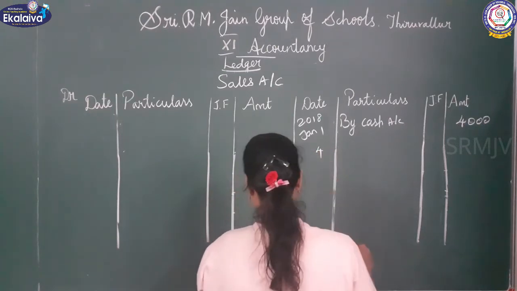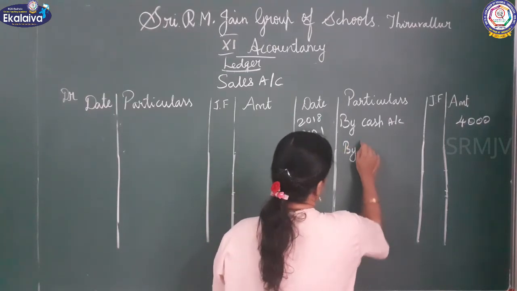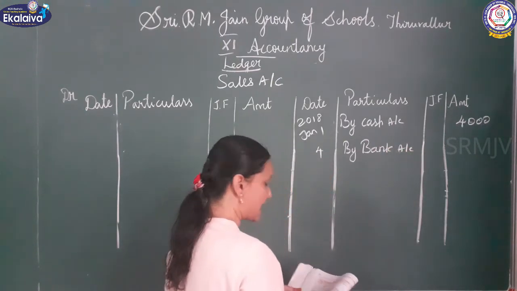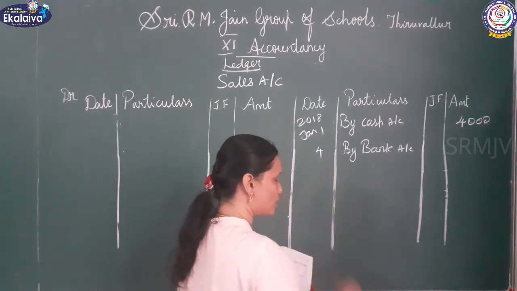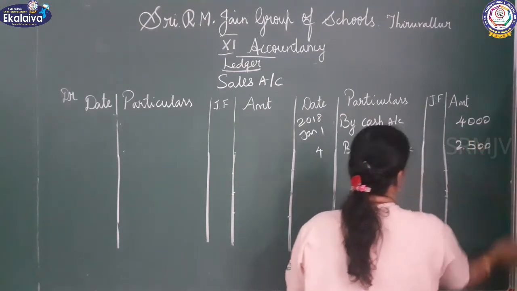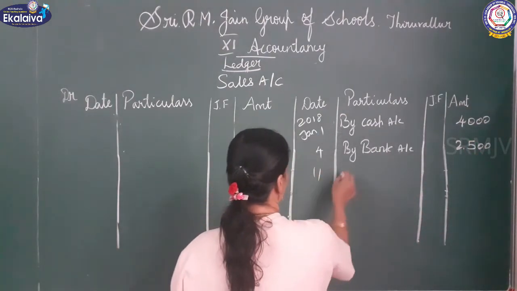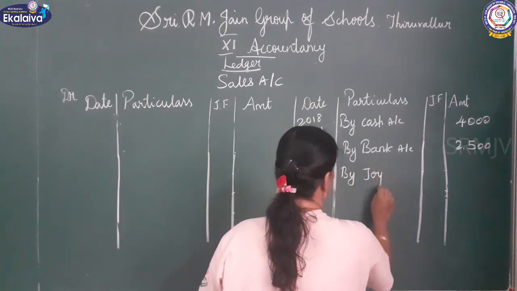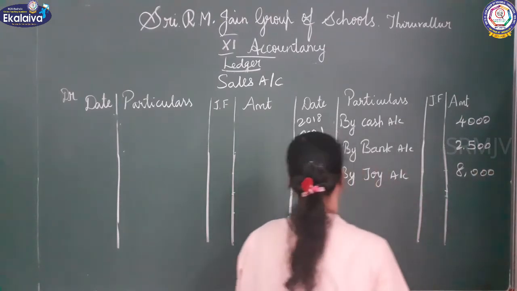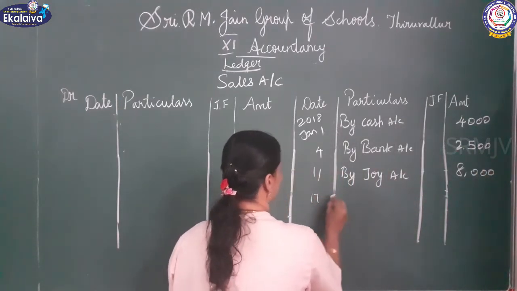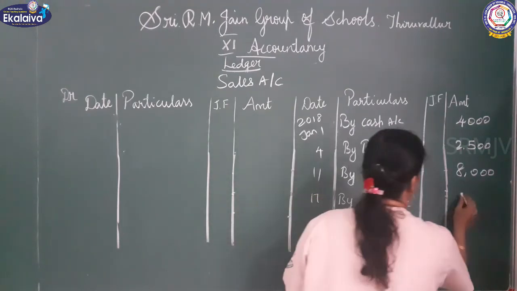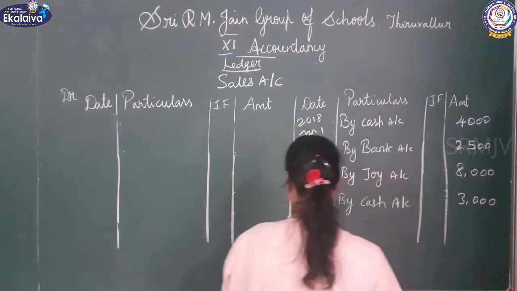So January 4th by bank, because so check, they have given the check, that's why bank account to sales account. So bank should come in credit side 2,500. And then by Joy account, how much? 8,000. And then by cash account 3,000.